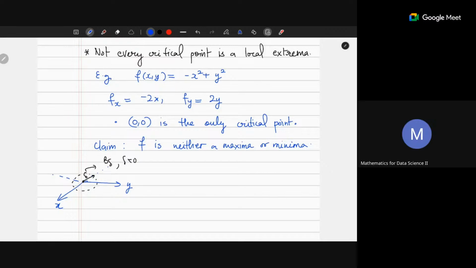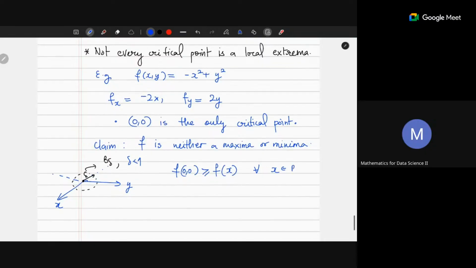Now if it is a local maximum, that means f of 0, 0 must be greater than or equal to f of x, y for all points in the ball. For a maximum, it should be larger than all the other values of f in the ball.